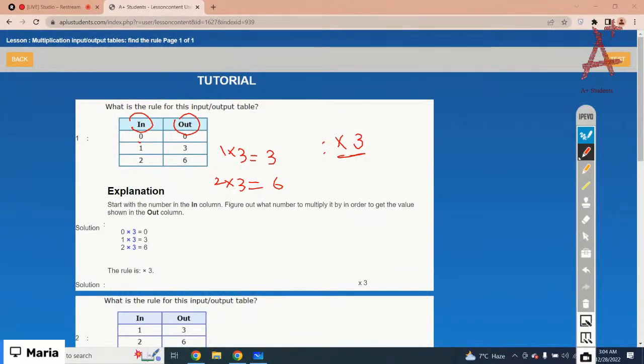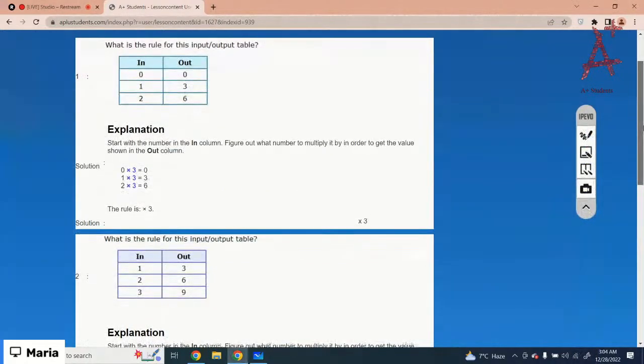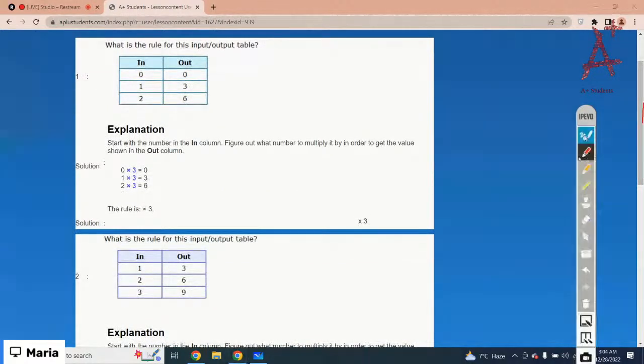Basically this is the rule for the table. Got it? Okay, let's look at another example. What is the rule for the input output table? You have to find a rule for this table. You are given the input values and the output values. You have to find 1 times what number equals 3, 2 times what number equals 6, and 3 times what number equals 9.